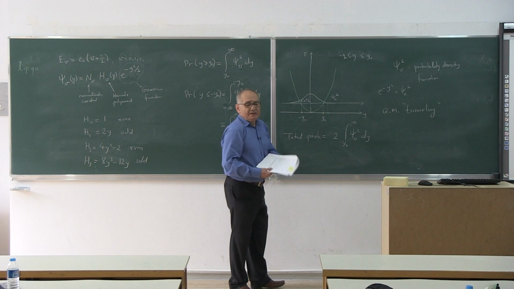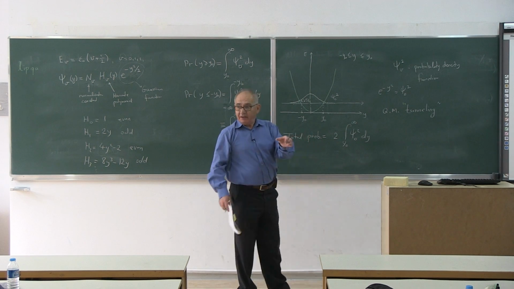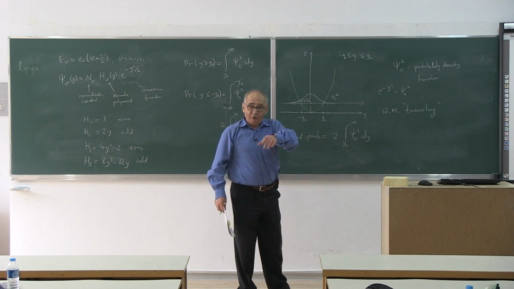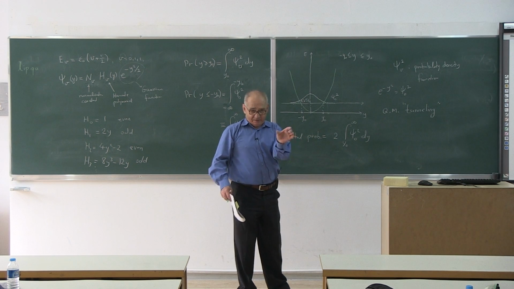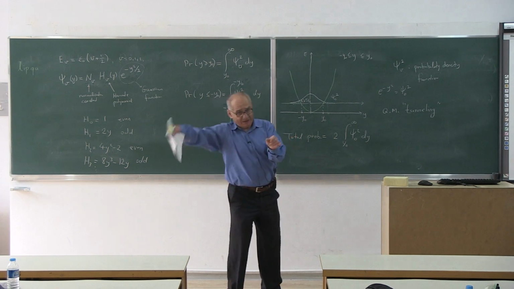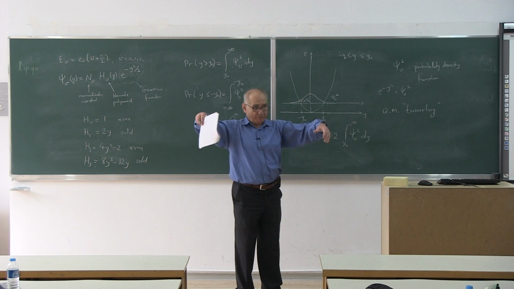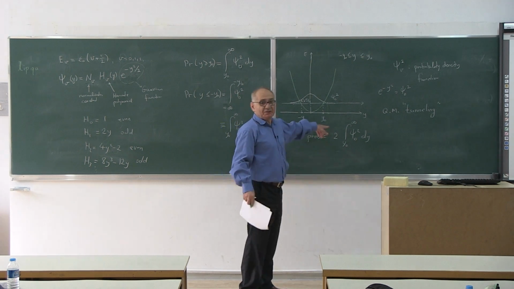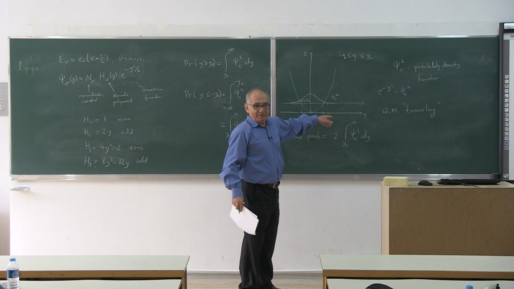This gives the total probability of finding the particle outside of the classically allowed region, both the right side and the left side. Which means this is the tunneling probability.